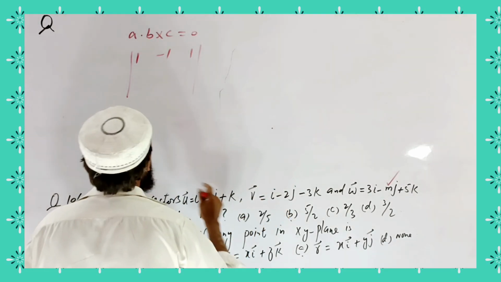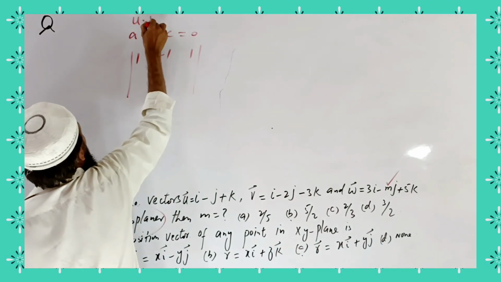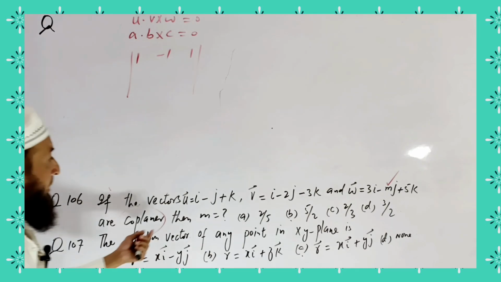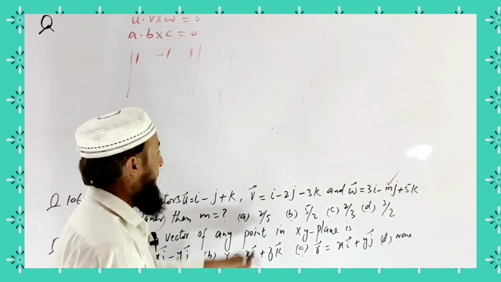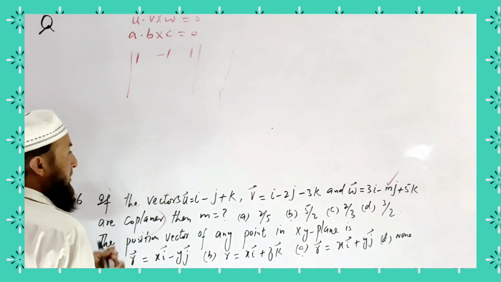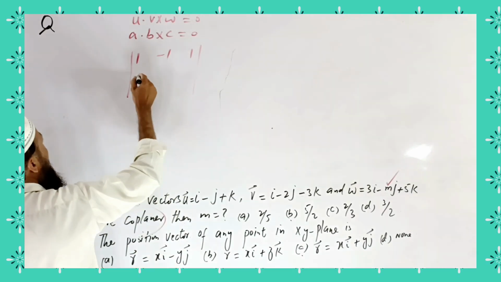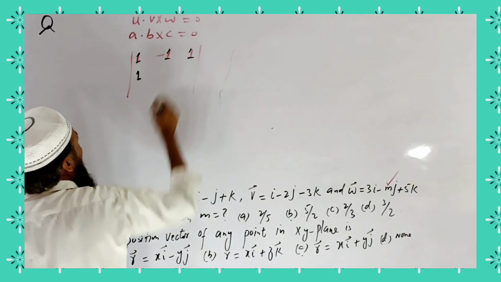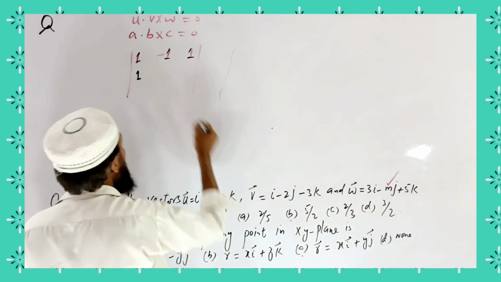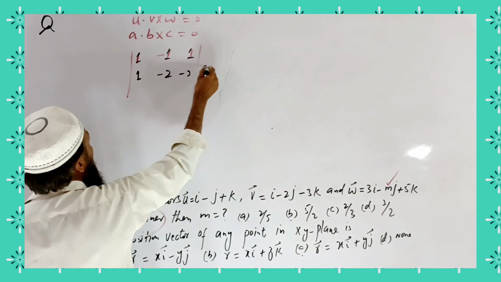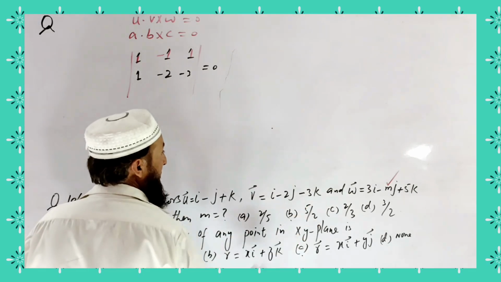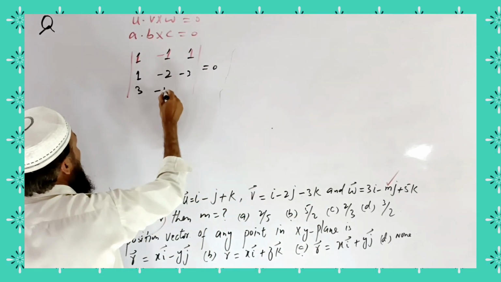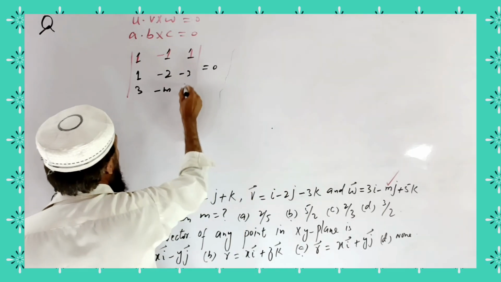Similarly, we use U dot V cross W, because the three vectors U, V and W are given. For V, the coefficients are 1, -2, -3, and similarly here 3, -m and 5.